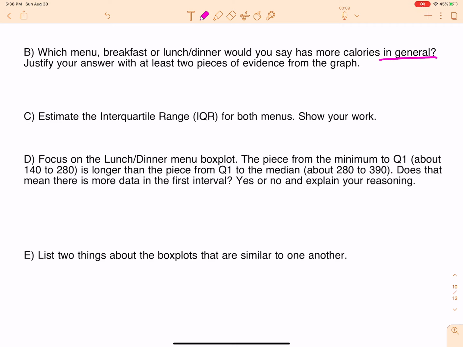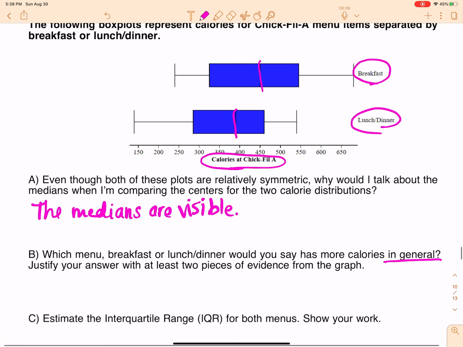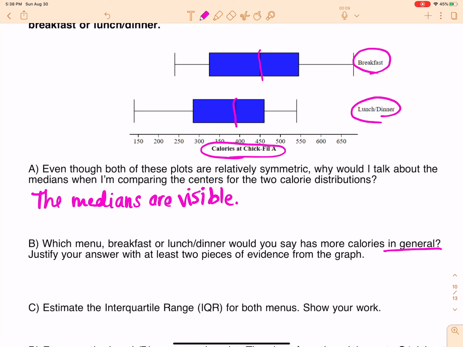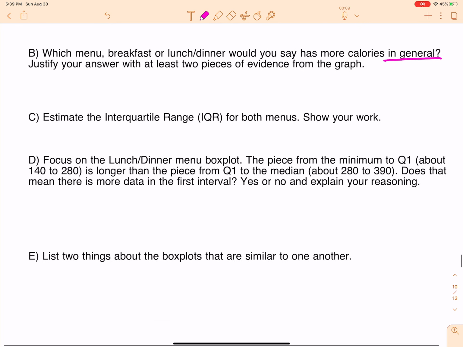Which menu, breakfast or lunch and dinner, would you say has more calories in general? Justify your answer with at least two pieces of evidence from the graph. Notice that the breakfast items' lowest calorie value is higher than the lowest for lunch and dinner. Their highest value is higher than the maximum for lunch and dinner, and their median is higher than the median for lunch and dinner. I gave you three things, but you only have to mention two.